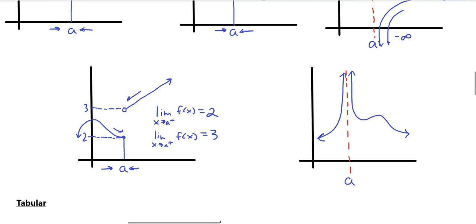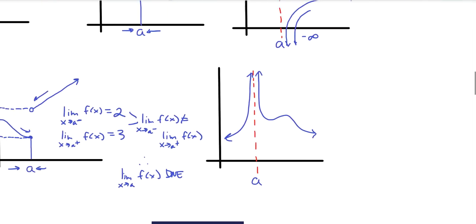So the limit as x approaches a from the left of f of x does not equal the limit as x approaches a from the right of f of x. Therefore, we can say that the limit as x approaches a of f of x does not exist again. As you can see from the left and right, we're getting two different limits, so the limit is not going to exist at this point.